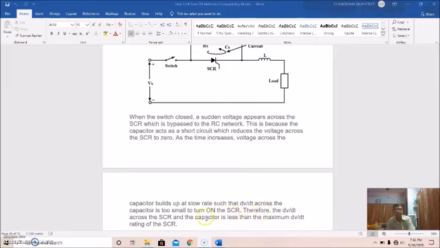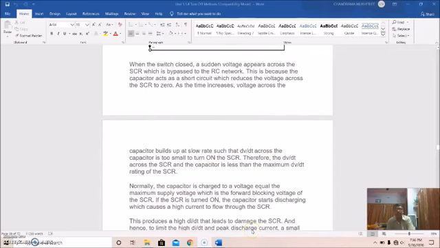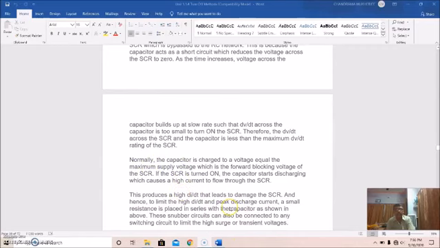Therefore, the DVDT across the SCR and the capacitor is less than the maximum DVDT rating of the SCR. Normally the capacitor is charged to a voltage equal to the maximum supply voltage, which is the forward blocking voltage of the SCR. If the SCR is turned on, the capacitor starts discharging, which causes a high current to flow through the SCR.